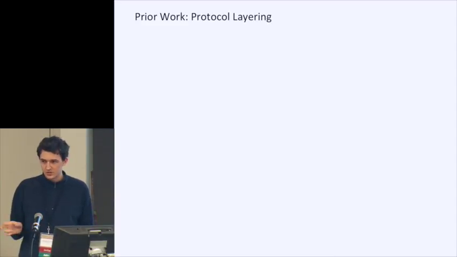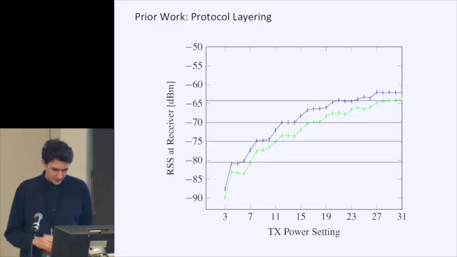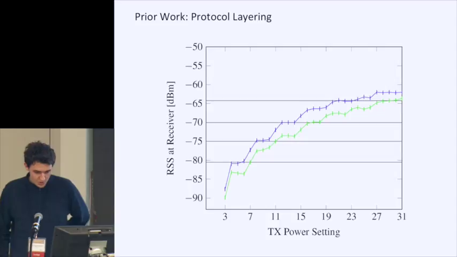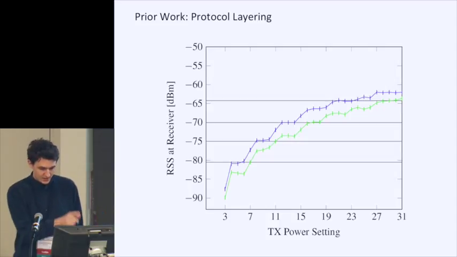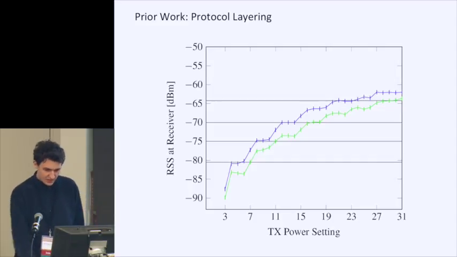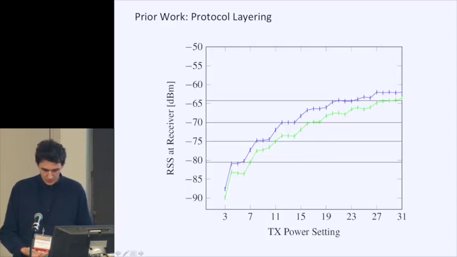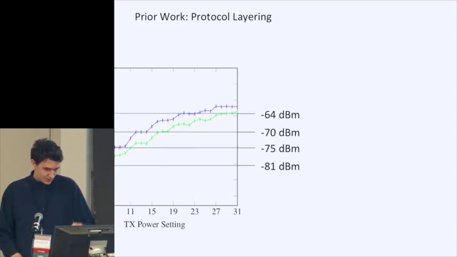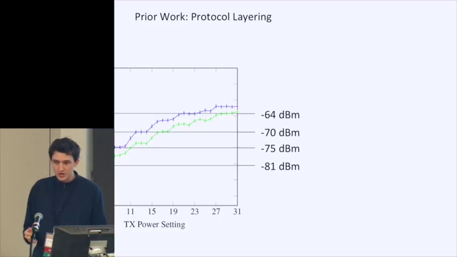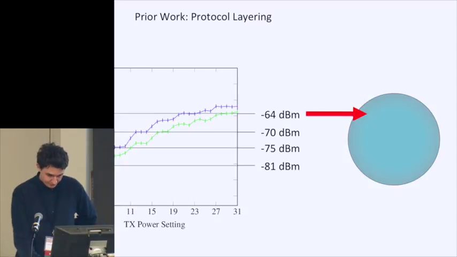Essentially, if you have two links to the same receiving node, which are very similar in quality, for example, like this, on the x-axis you can see the transmission power chosen by the senders, on the y-axis the received signal strength at the one receiver, and horizontally indicated here are 4 different values of received signal strength which both senders can achieve through their transmission power setting. And for example, these values here, and they are separated enough to actually cause the capture effect, as we saw earlier. So what does that allow us to do?